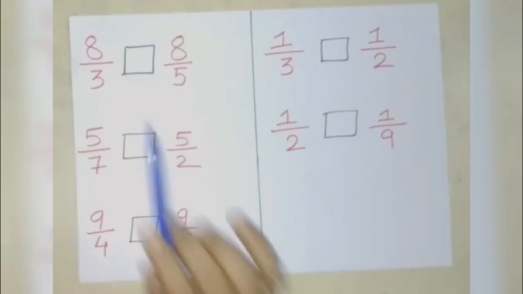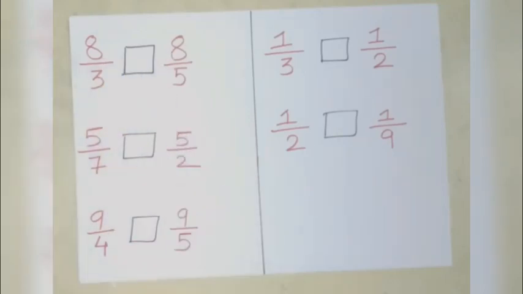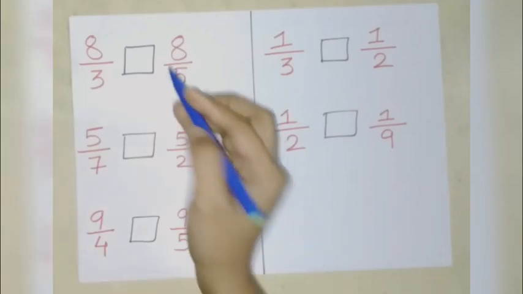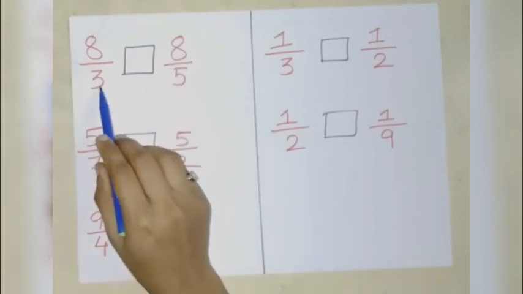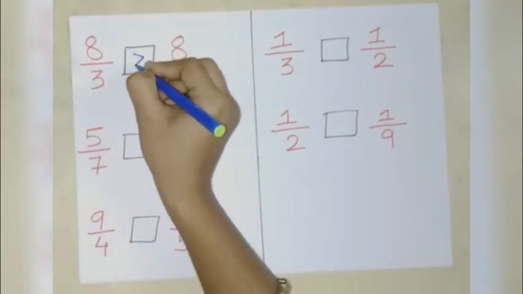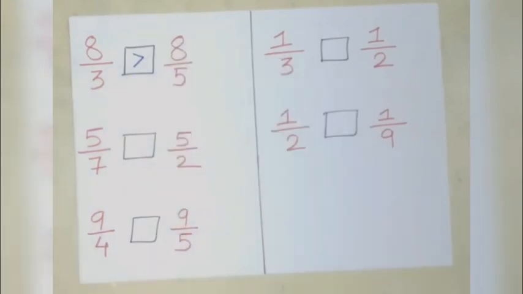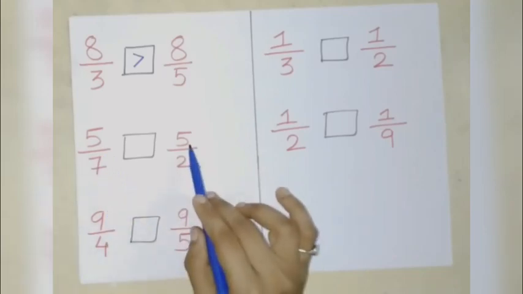Children, numerators are equal. तो बच्चों उल्टा करना है, जो छोटा है वो बड़ा और जो बड़ा है वो छोटा. तो बच्चों 3 is bigger here. Okay? See next example. 5 upon 7, 5 upon 2.